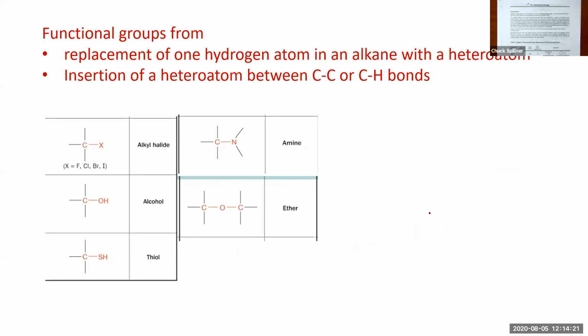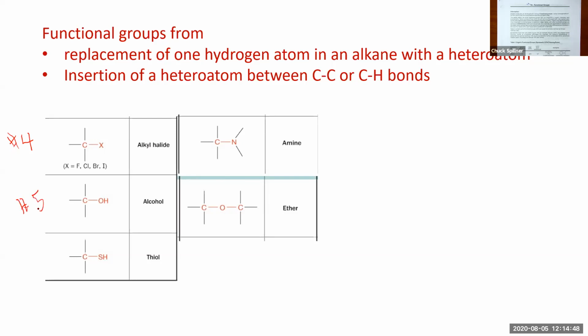If we take a hydrogen off and replace it with a halogen, remember halogens are always singly bonded to carbons, we get an alkyl halide, and that's shown here. So that's our fourth functional group, number 4. And if we take a hydrogen off and replace it with an OH, which is called a hydroxyl, you get an alcohol, it's number 5.